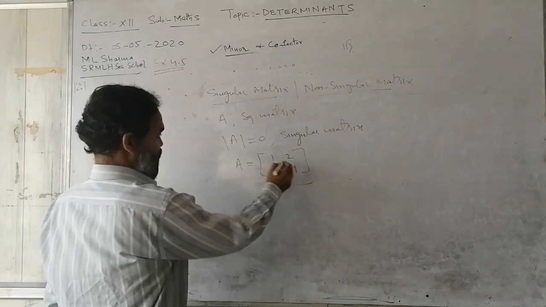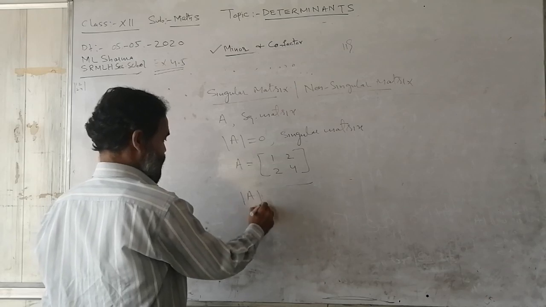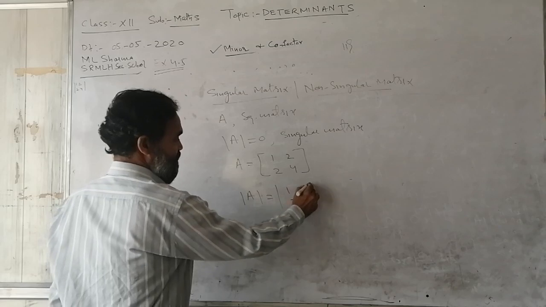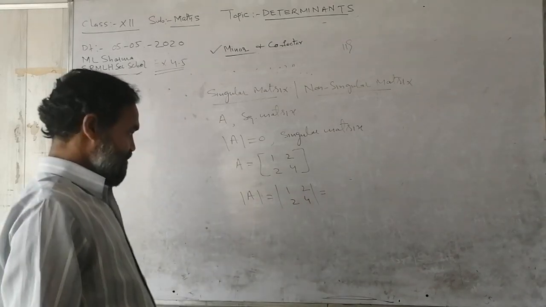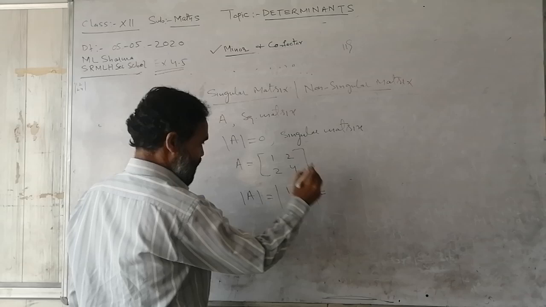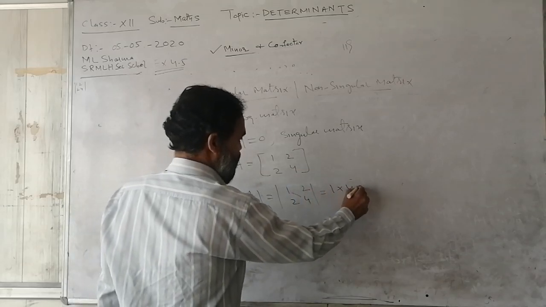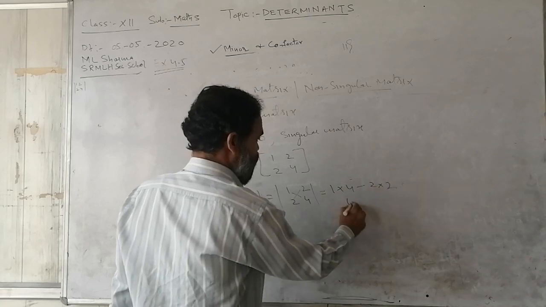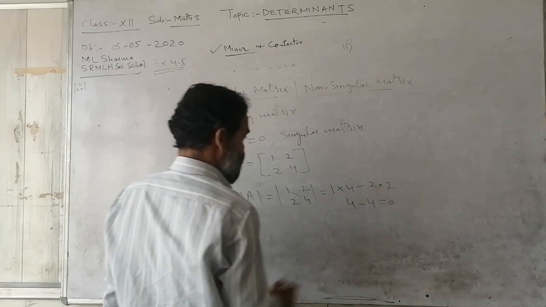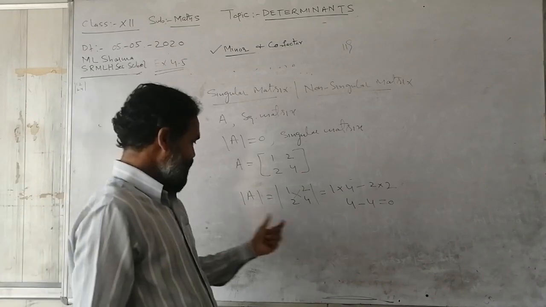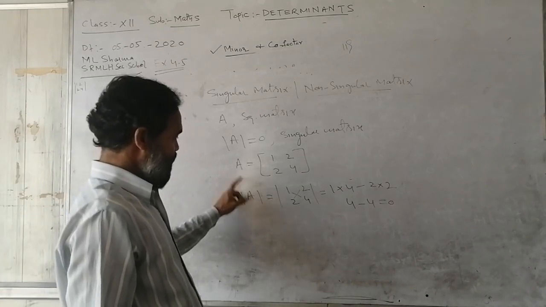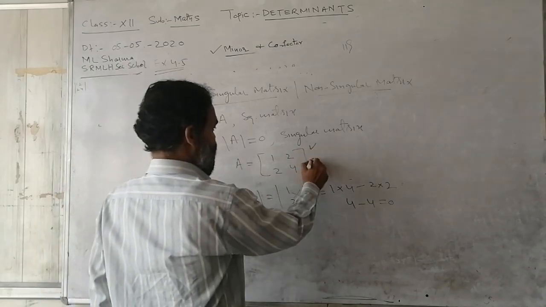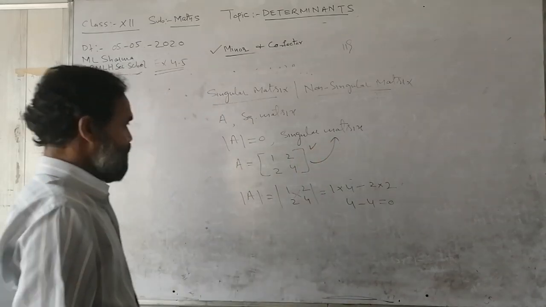If I find its determinant, the diagonal elements are multiplied, minus, so 4 minus 4, it is 0. So the determinant of this matrix A is equal to 0, and I can say this matrix is a singular matrix.